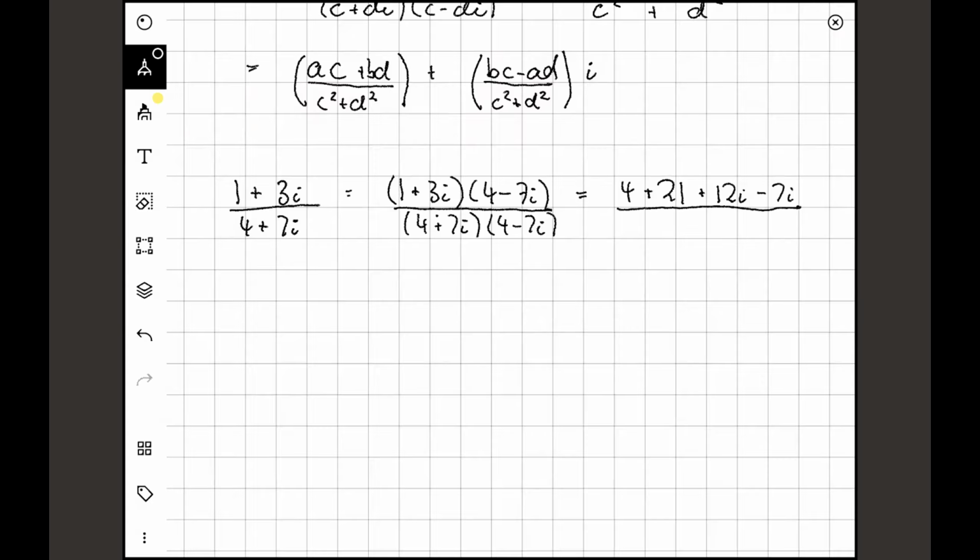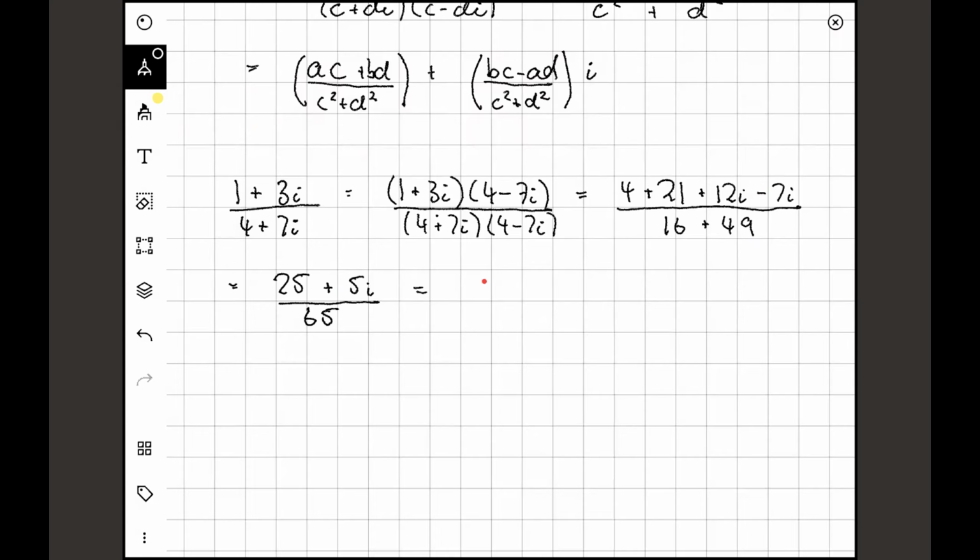And when we expand out the bottom, we're going to get 16 plus 49. So, simplifying the top, we get 25 plus 5i all over 65, which we can simplify by writing this as 5 plus i over 13.